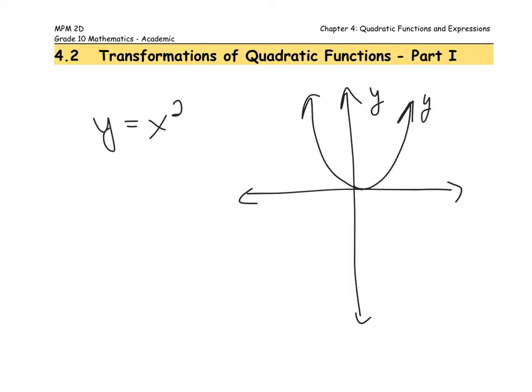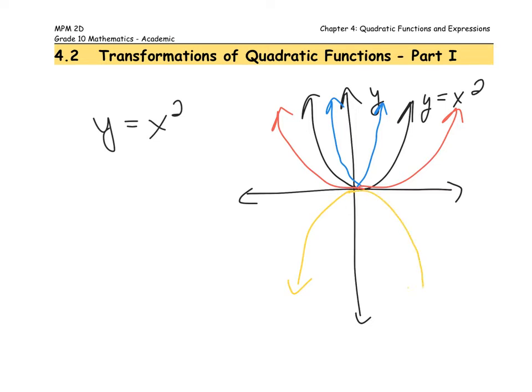I'm hoping that you saw that by changing aspects of the function, I could get graphs that were narrower, graphs that were wider, or appeared wider, and graphs that seemed to be flipped upside down. Now all of those are transformations, and so today we're going to break that down and delve into it a little bit more deeply.